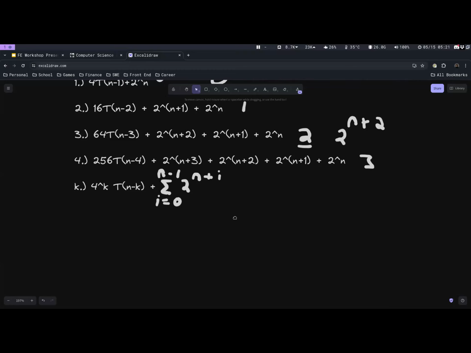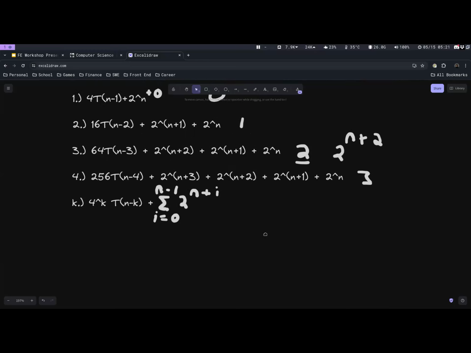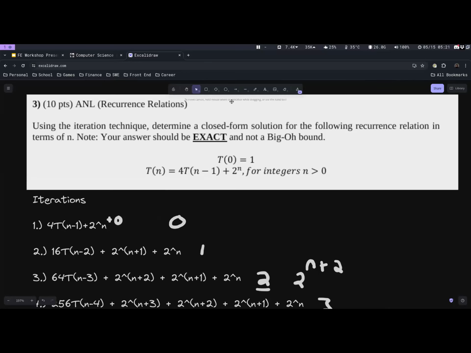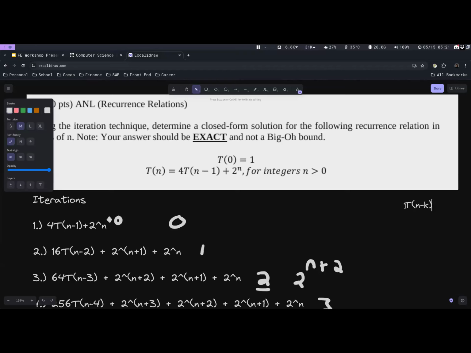So now that we have this little formula right here, before we do any fancy stuff, we want to solve for the base case. So we have expressed in terms of k, right? T of n minus k. What do we want to set n minus k equal to?